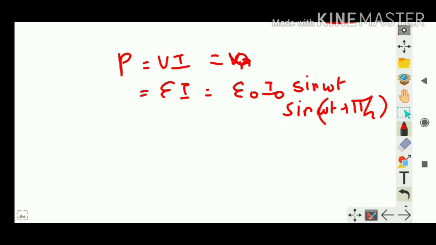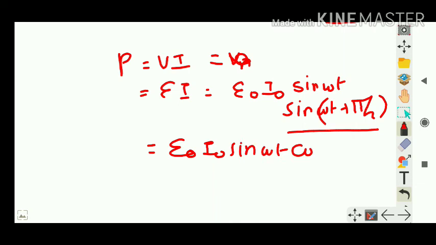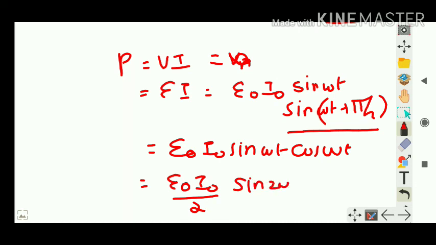This sine omega t plus pi by 2 I can write as cos omega t. So epsilon naught I naught sine omega t cos omega t. Just like the previous case, I can write it as epsilon naught I naught by 2 sine 2 omega t. That is our instantaneous power.